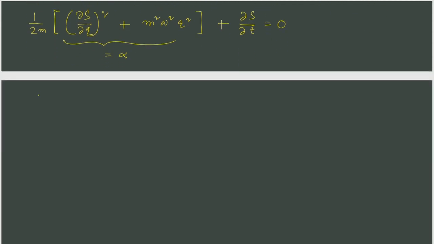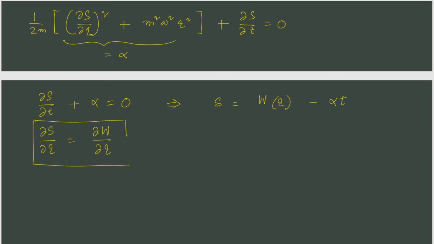In that case, we know that S would be the Hamilton's characteristic function W minus alpha t, such that, as we mentioned above, we can simply substitute that in this equation to get this.